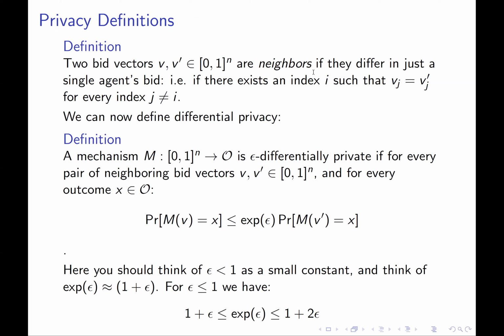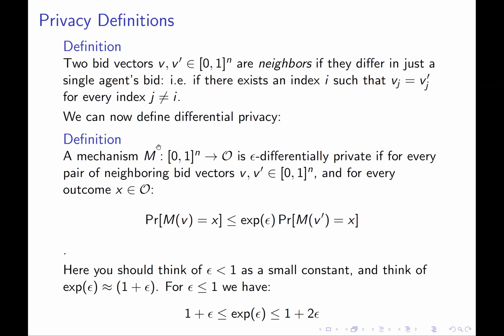Well, if the probability of any outcome doesn't change by very much if a single user changes their data, then I can't make any inferences that are specific to the data of a single individual, because there's essentially no statistical test that can differentiate between the world in which the outcome of the mechanism was a function of a particular individual's data, which in principle would allow me to make inferences about them, and the world in which it wasn't a function of their data, in which case I couldn't make inferences about them.